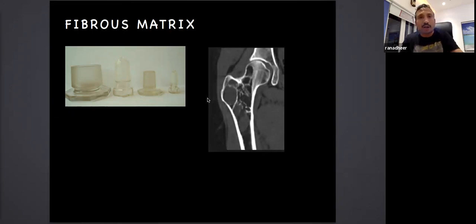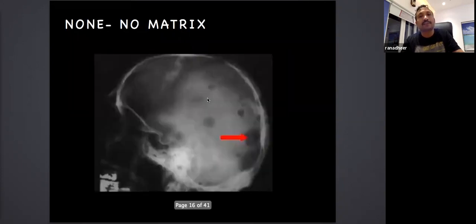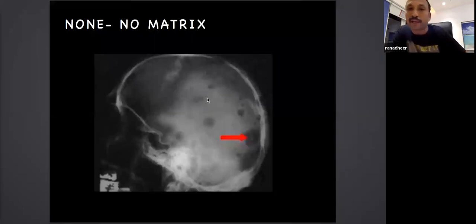So when you talk about matrix, you are talking about three things: osteoid matrix, chondroid matrix, fibrous matrix, and the last is sometimes there will be no matrix at all. If the lesion is developing fast, or if there is suppression of OPG, that is osteoprotegerin, which happens in multiple myeloma, there will be no bone formation, no cartilage formation, nothing.